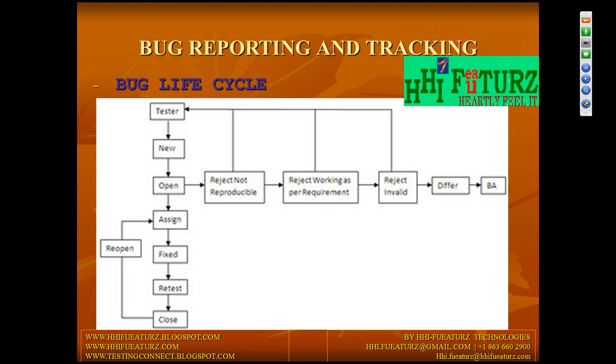So the developer accepted it, but the client doesn't want that feature immediately. After 6 months or 1 year, he is expecting it, let us assume. Then why would you want to fix that bug right now? In future, the client may change his mind and change the requirement, or something may happen. So why fix that issue immediately? That's why these kinds of bugs you will mark as deferred.